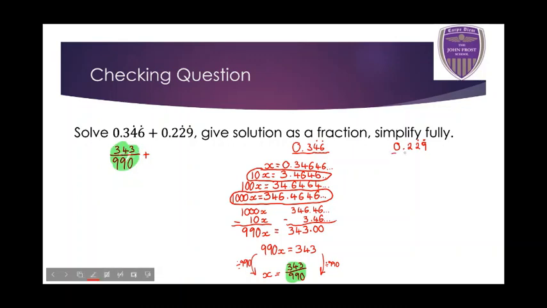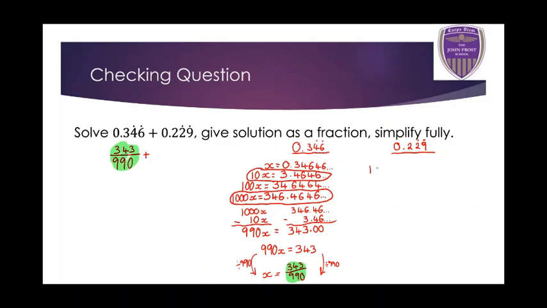Next, we need to solve what 0.229 recurring is. Now, actually, we can use a bit of a shortcut because there's the same number of recurring decimals in 0.346 and 0.229. So I don't need to test them all out again.